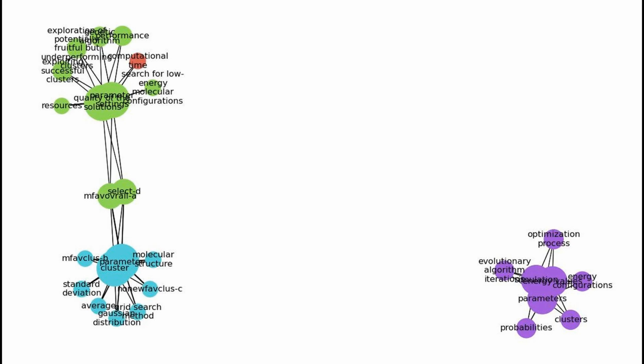Key findings from this study indicated that a careful balance between the parameters was necessary for enhancing the performance of the genetic algorithm. The combination of MFavOvrAll-A and Select-D was particularly crucial because it illustrated the need to balance the benefit of exploiting successful clusters, while still allowing for exploration of potentially fruitful but underperforming clusters.